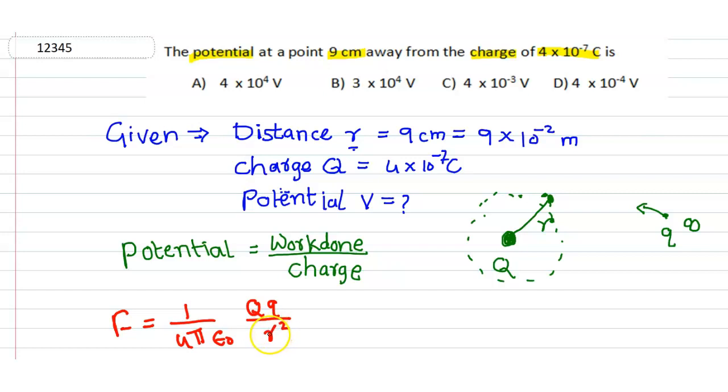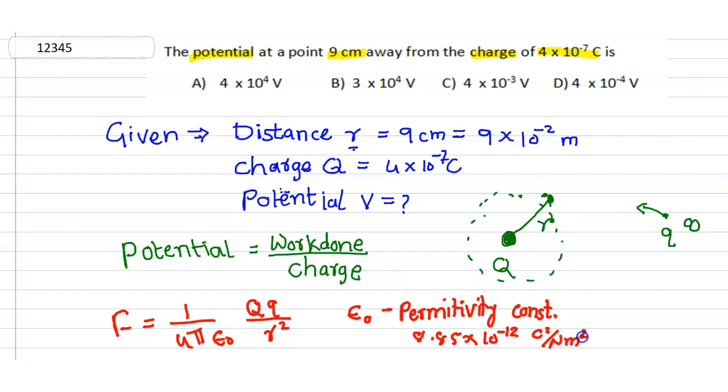So the force is 1 upon 4 pi epsilon naught Qq upon r square, where epsilon naught is the permittivity constant of free space, having value 8.85 into 10 to the power minus 12 coulomb square per Newton meter square. So this is the basic formula for the force between two charges.